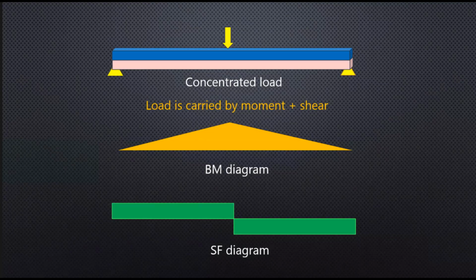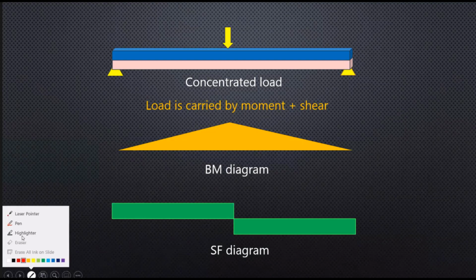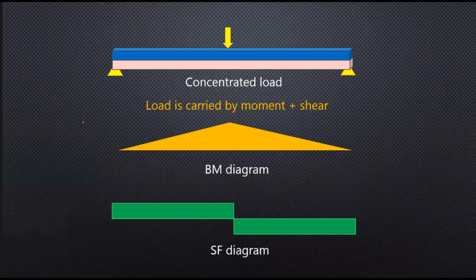Now, the shear force is split into positive and negative. Like last time I told you, it is better to draw the shear force diagram like this, this one like this, and this one like this.